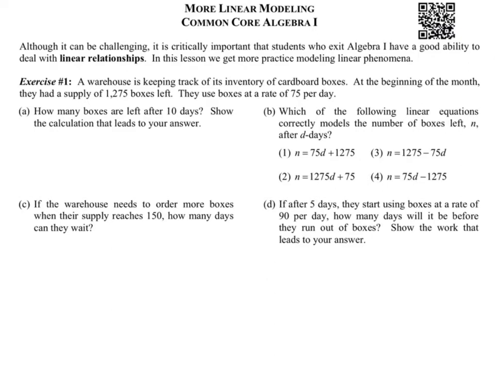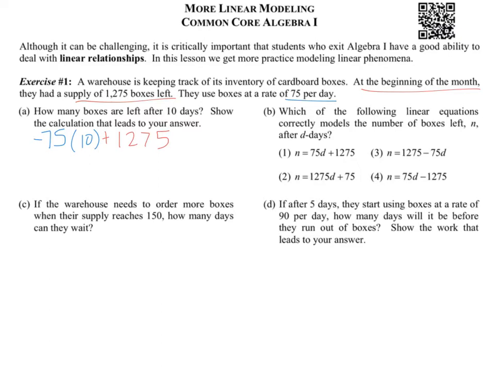So at the beginning of the month, they had a supply of 1,275. So 1,275 is their starting number. And then they use at a rate of 75 per day. So every day they use 75. And we want to know after 10 days, how many do they have left?